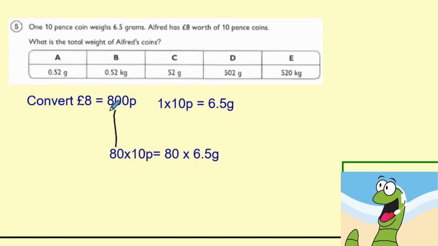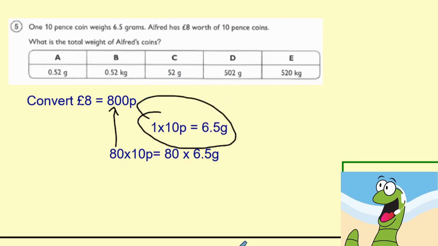So what we're going to do now is multiply 80 by 6.5 grams, so 80 times 6.5 grams. That's what we're going to do, because one coin equals 6.5. That's really important. One coin equals 6.5.